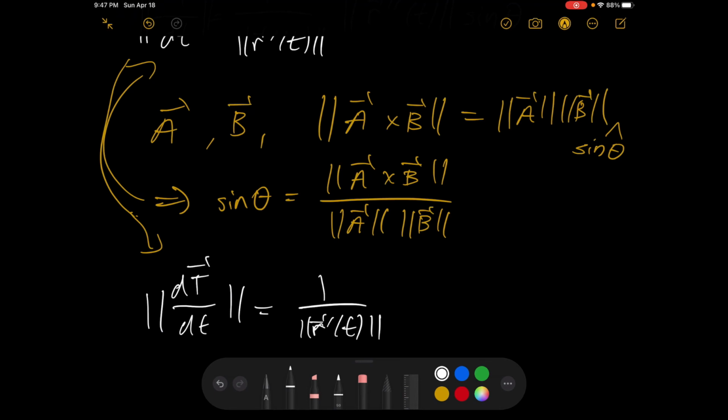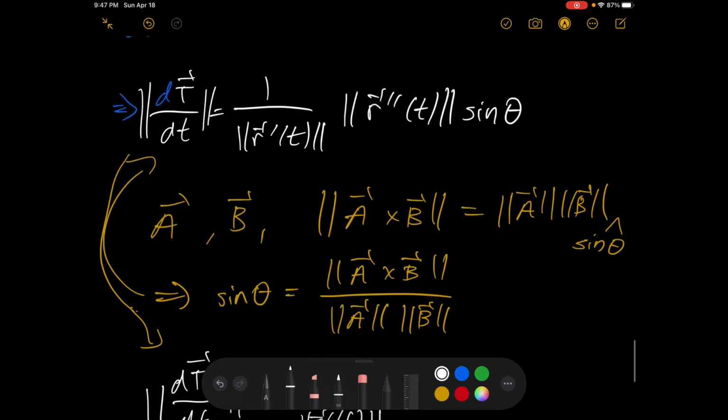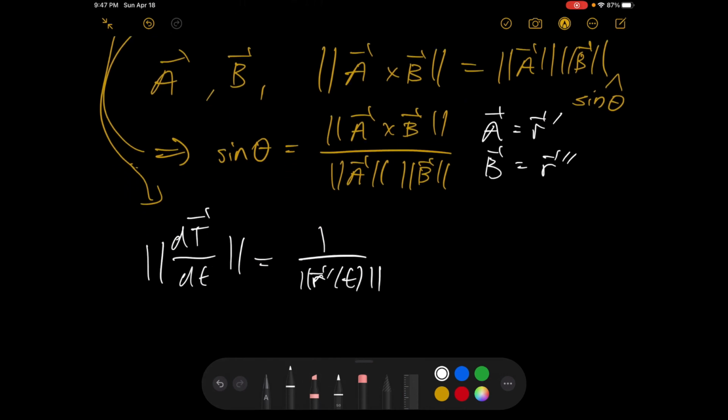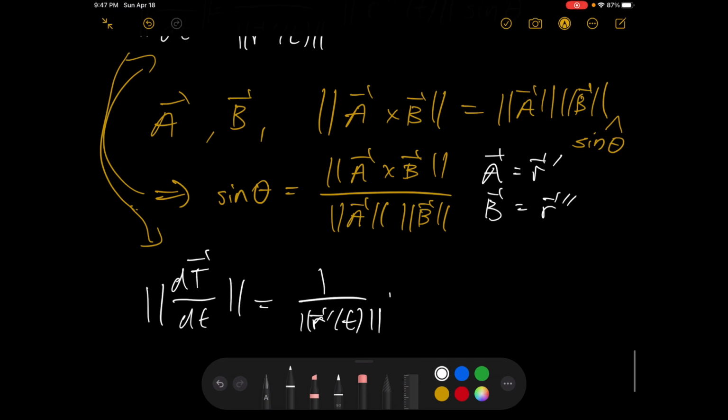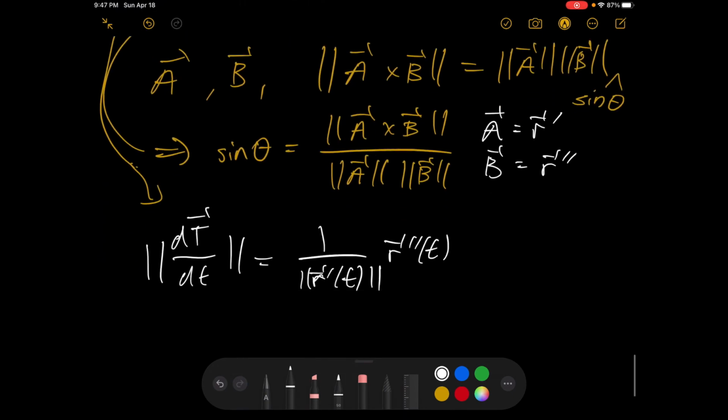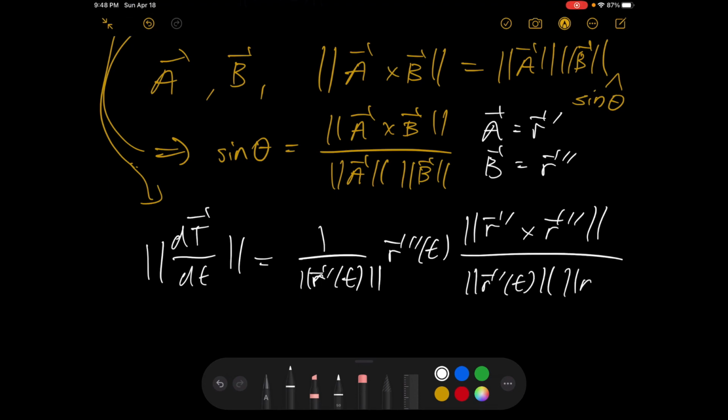Right, and then we replace this with the fact that if a is equal to r prime and b is equal to r double prime, because those are the only two vectors that we talked about, then we can rewrite the sine theta. So now I'm going to write the sine theta here, and that will be the magnitude of r prime cross r double prime, all divided by the length of r prime times the length of r double prime.